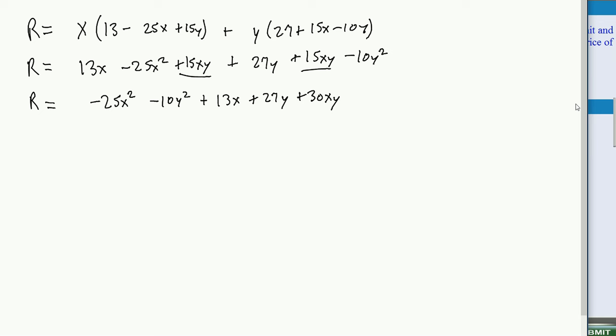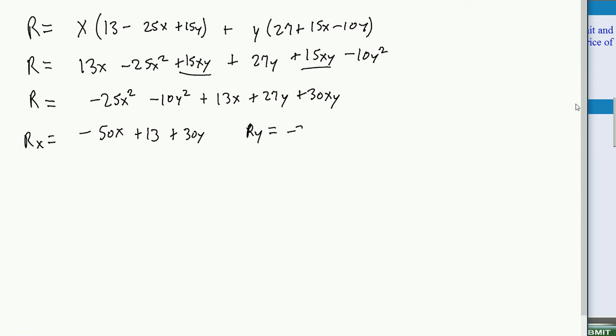All right, get our derivatives. So the derivative with respect to x would be negative 50x plus 13 plus 30y. And with respect to y, we're going to have negative 20y plus 27 plus 30x.